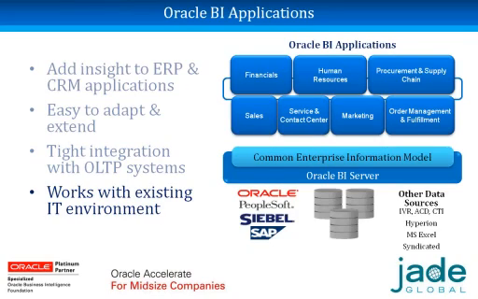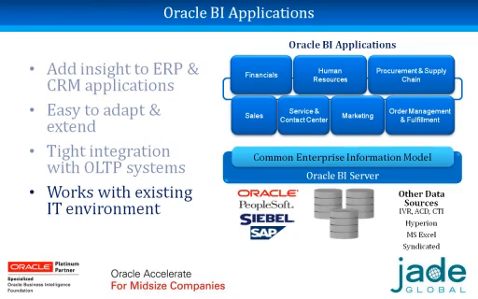And it works with your existing IT environment. So the complexity here, we are talking about primarily Oracle ERP systems. There are so many modules, those modules work together, and then on top of that we have the OBI EE tech stack.